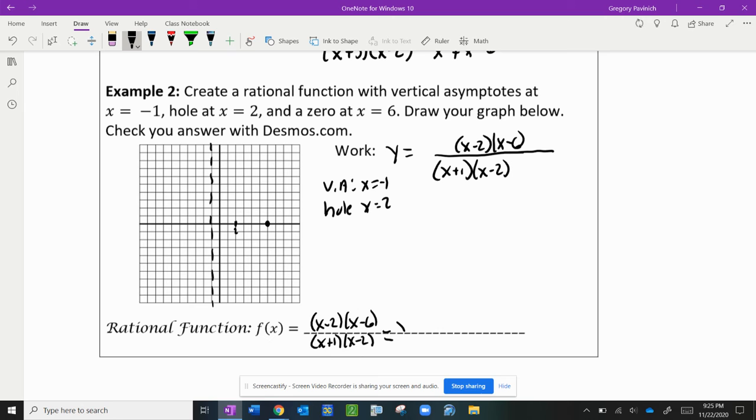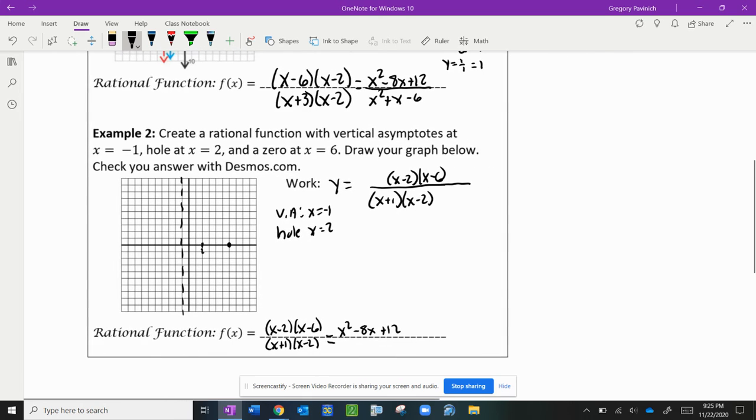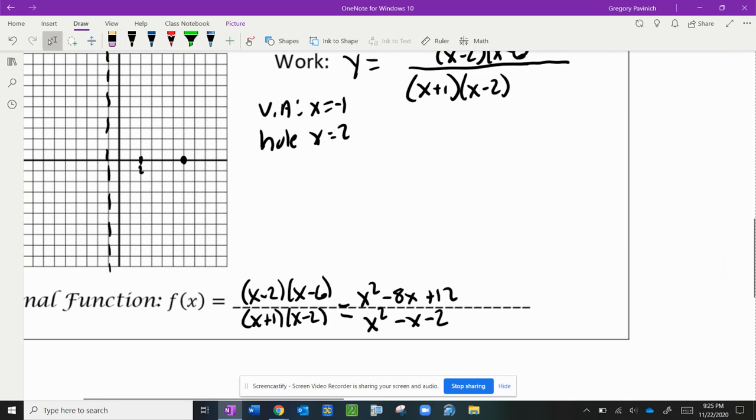And I get x squared minus 8x plus 12, and then on the bottom, I get x squared minus x minus 2. So same degree, second degree, second degree. Leading coefficients are 1 and 1 again, so I have a horizontal asymptote at y equals 1.